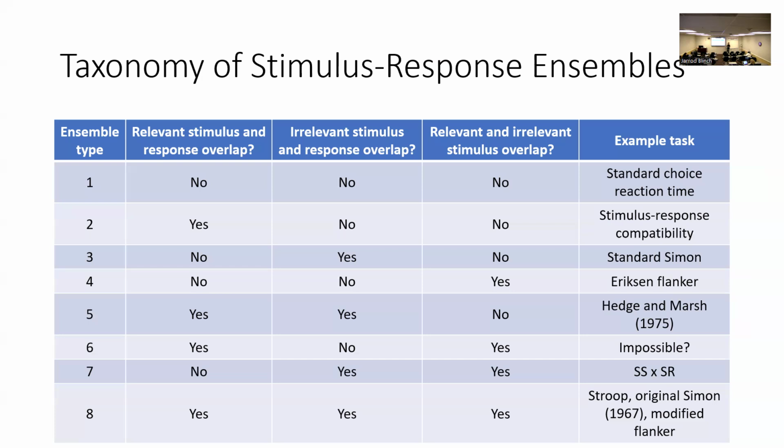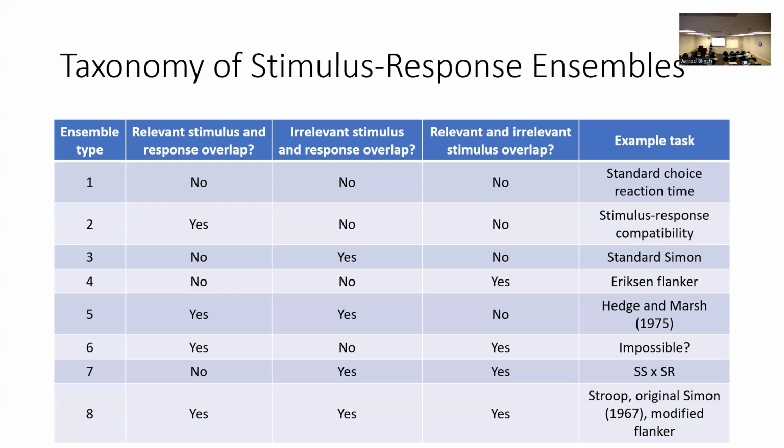Anyways, let's not get into that. There's the Eriksen flanker task. This is potentially impossible. We don't have an example of it yet. This one's quite weird. And then down here we've got the Stroop task, the original Simon task, and the modified flanker task. One reason it's important to make the distinction between these 2 flanker tasks is that they do not share the same overlap.